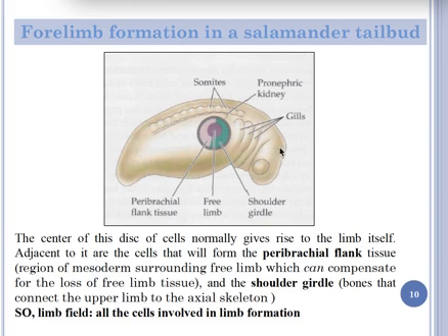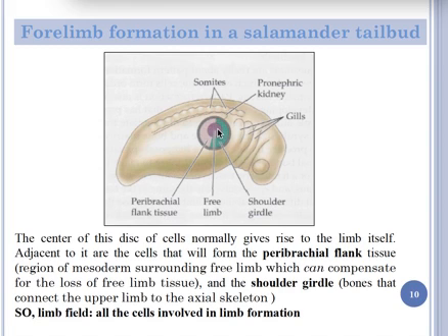You see that during this tail bud stage, this is the bud of the forelimb. It's a kind of disc formed laterally on each side. We have 2 forelimbs and 2 hind limbs. Each disc is formed at the center by a region called the free limb. This region will give the limb itself.